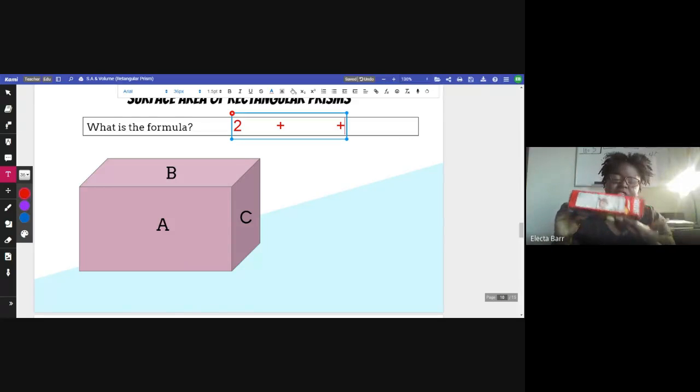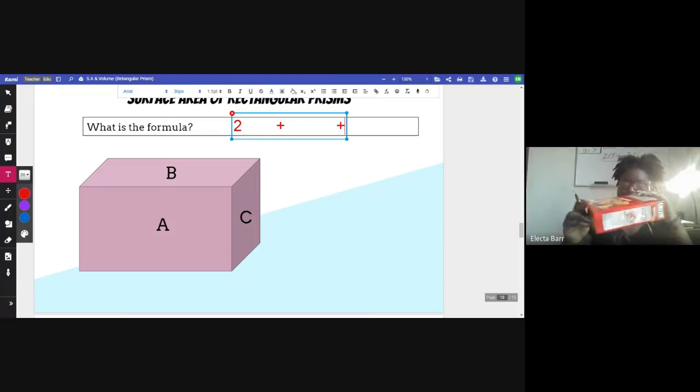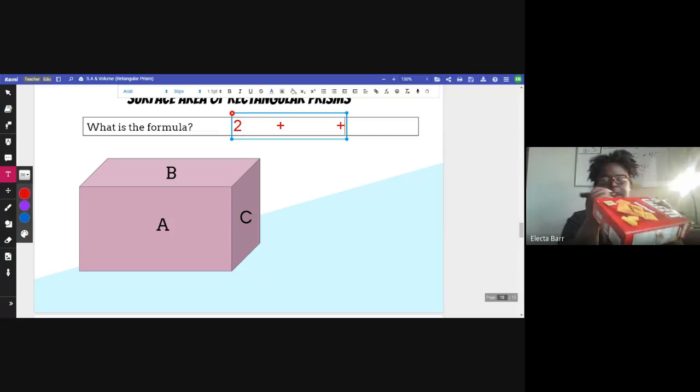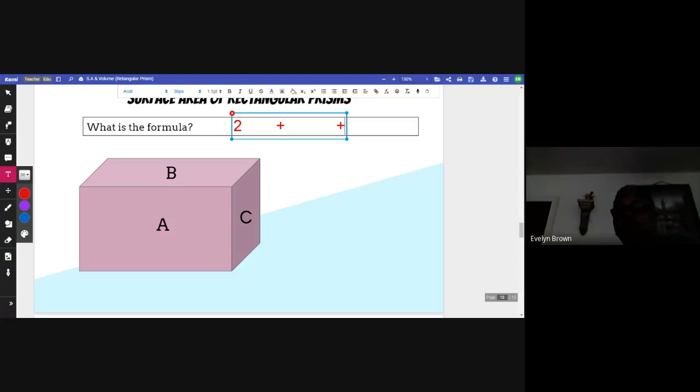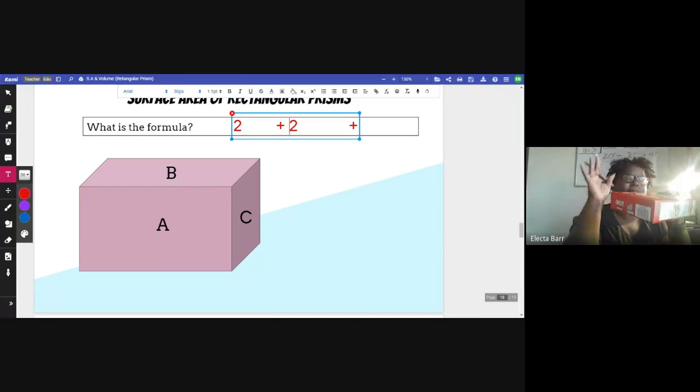This is my A, this is my A, this is my B. So where's my other B? On the back, right here, right? Yes. This is one side of B, this is the other side of B. So I'm going to make sure I write that. Now how many part Bs do I have? 2. Got 2 part Bs. I'm going to note that again, that I have another 2 part Bs. I just want to remember that.